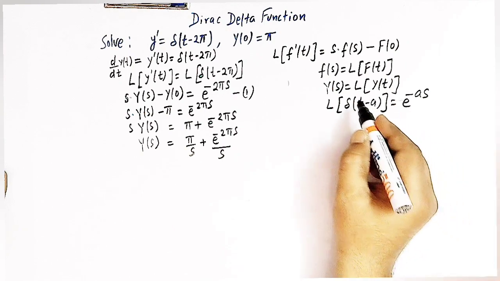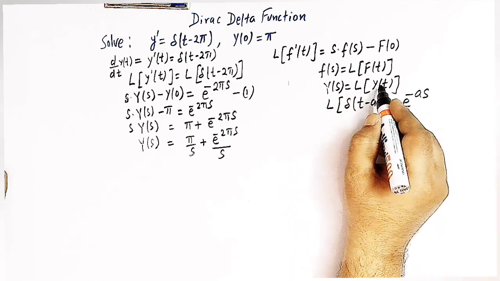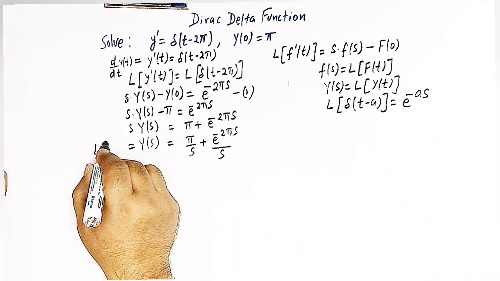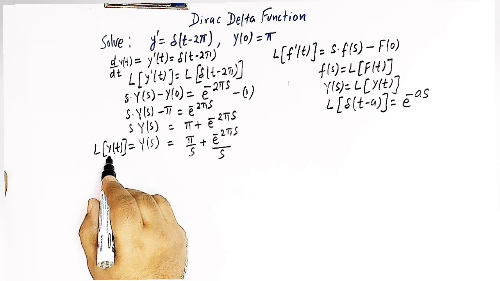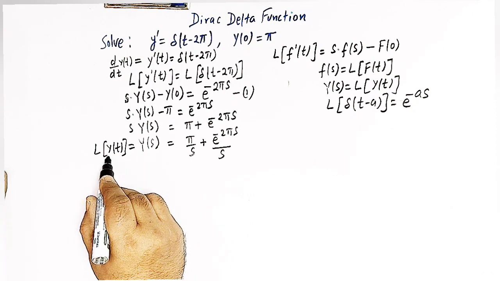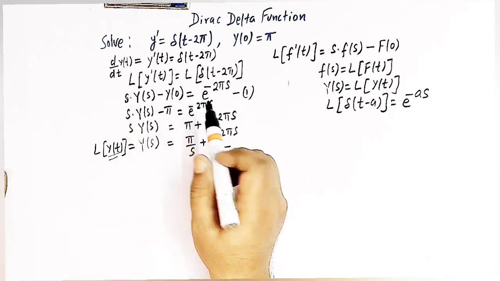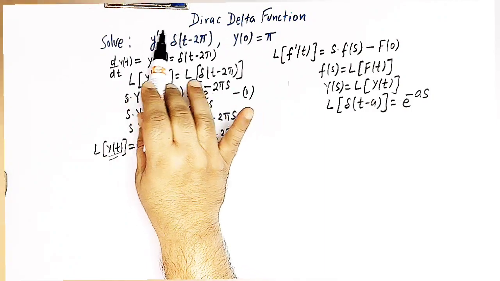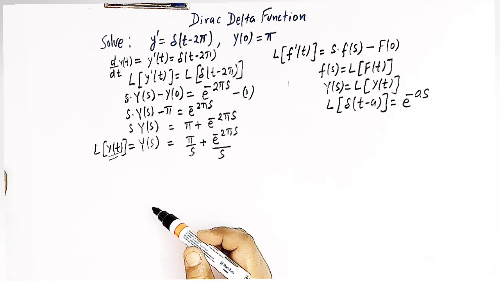Now Y of s is equal to the Laplace transform of the function y of t. So here we can write L of y of t, right? So now to get the value of the function y of t, which is our objective to solve this differential equation, because when we solve a differential equation, our aim is to find out the function.